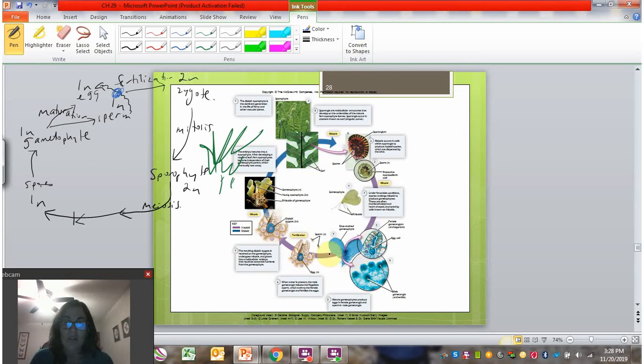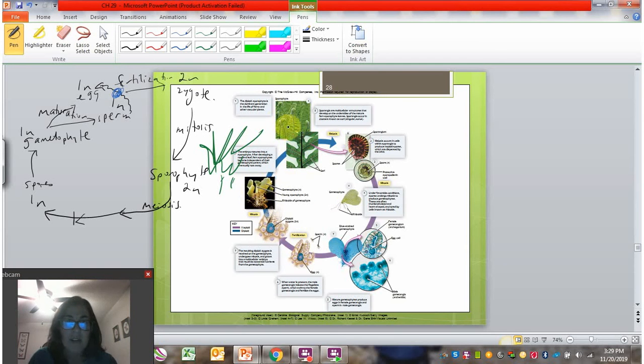The sperm have to swim over to the egg, and the egg again is inside of the tissue. After fertilization, there's our diploid zygote retained in the gametophyte tissue. So the sporophyte is going to start to grow out of that gametophyte tissue. It's going to suck nutrients from that gametophyte tissue, and that's what's happening here. There's a little tiny sporophyte.